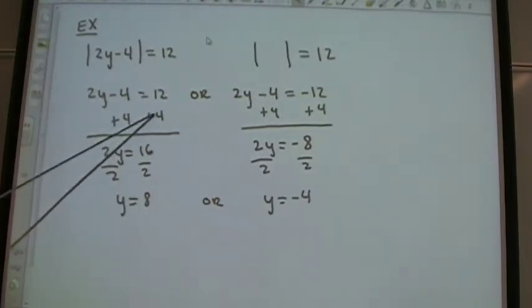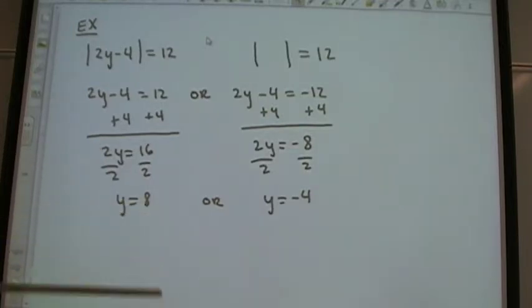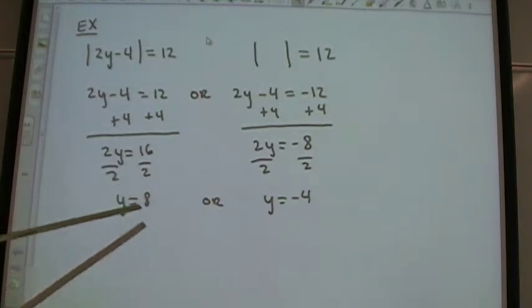In this case, add 4 to both sides. So I add 4 and then divide by 2. So y is 8 is the first possible answer.